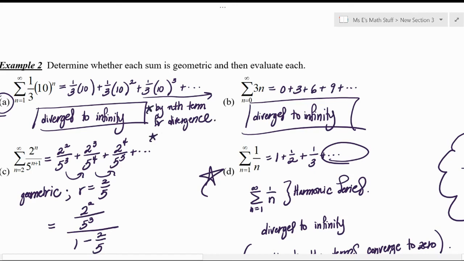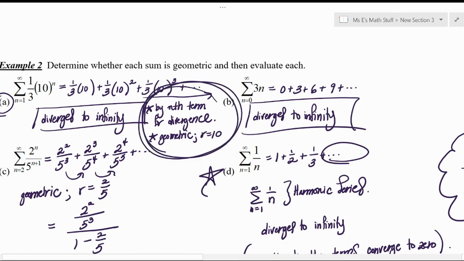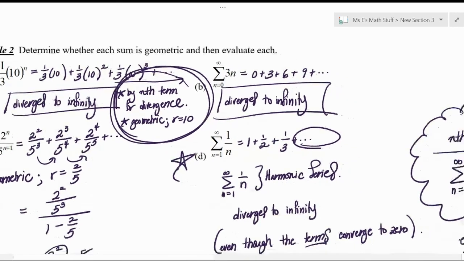Or another explanation that would be accepted would be to say, hey, it's geometric, but its common ratio was 10. So at this point, you've got two theorems that you could state to explain why you said part A diverges to infinity. And it's this kind of thing that's more important in a way than just getting the answer right. It's being able to explain yourself.